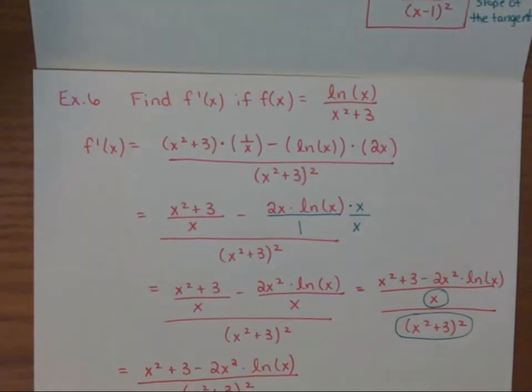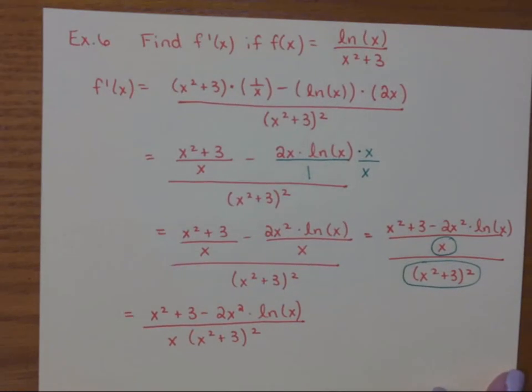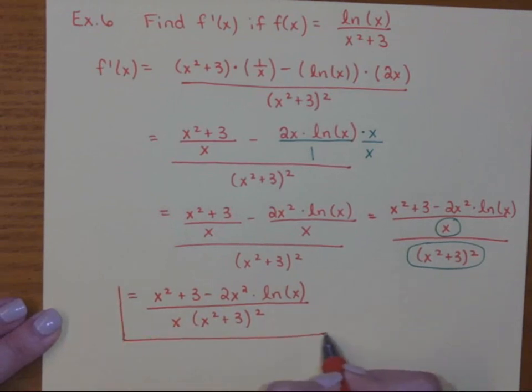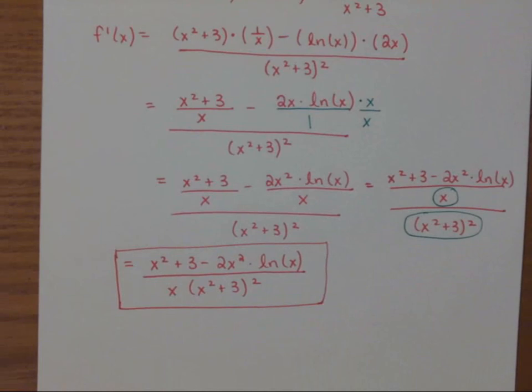Essentially you're saying I had two parts to my denominator, and now I've condensed that into one denominator. So I know this is ugly, but that's as far as we can go with that. And even that ugly mess is still the equation for the slope of the tangent. Don't forget that.